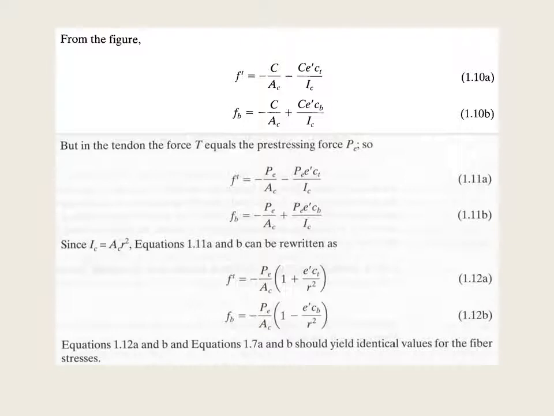If we are at the initial stage, we use Pi or P initial, but if we use Pe, that means there are losses already. Then again, it looks familiar, so you just simply substitute Ic as Ac times r squared, and then you will get this f top and f bottom as your formula.